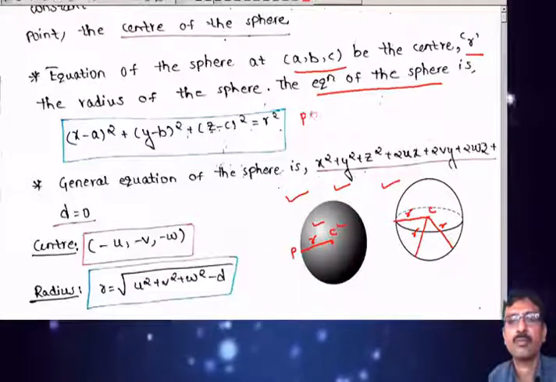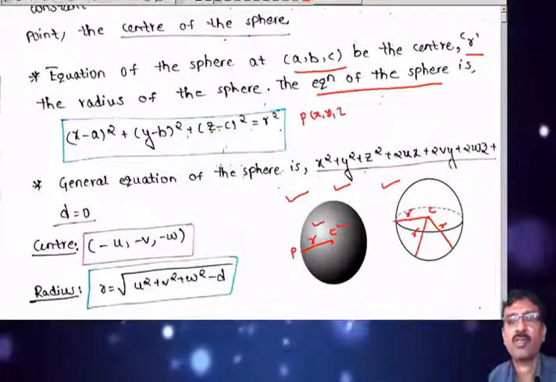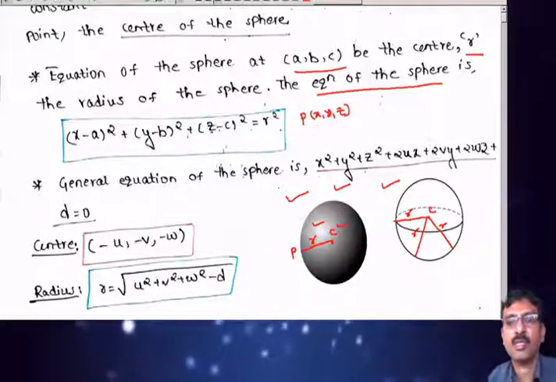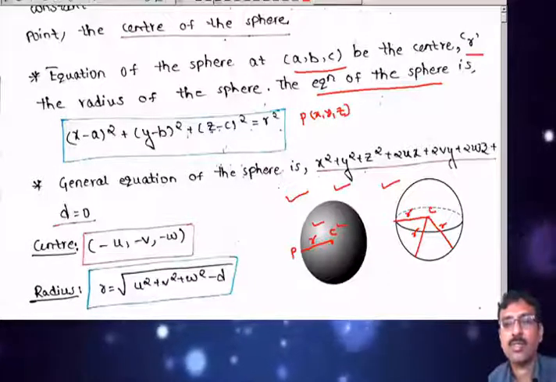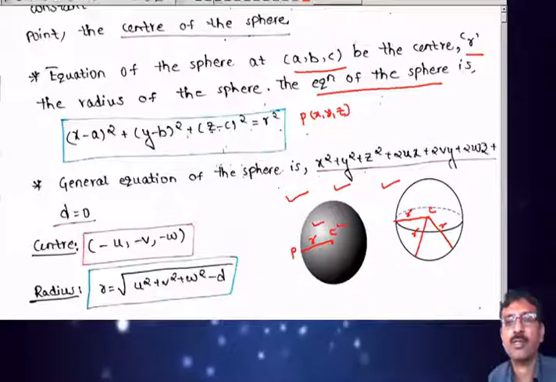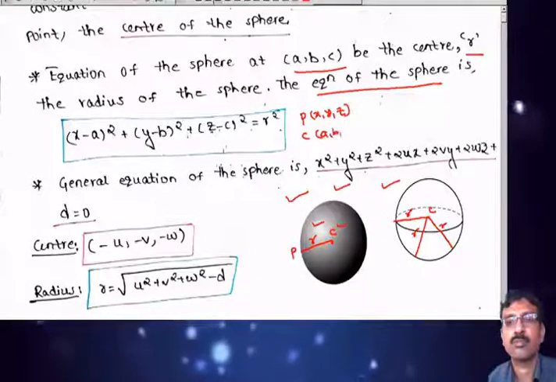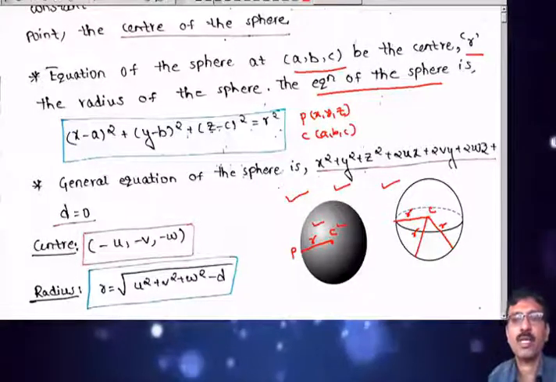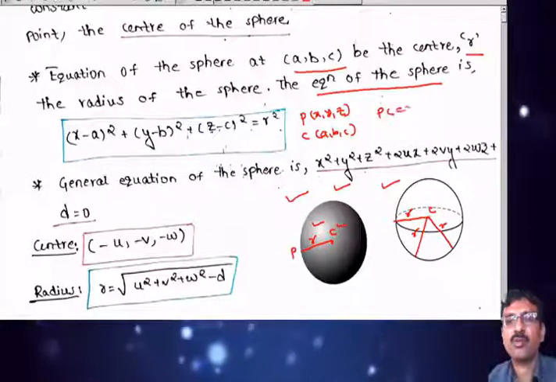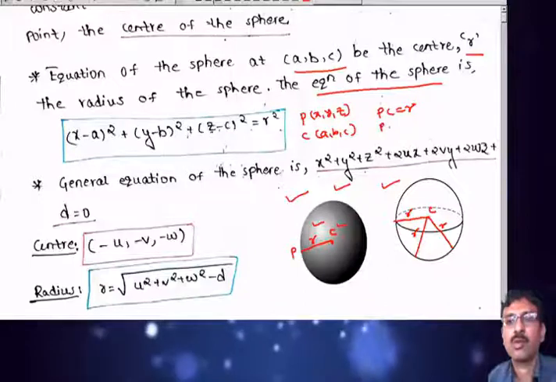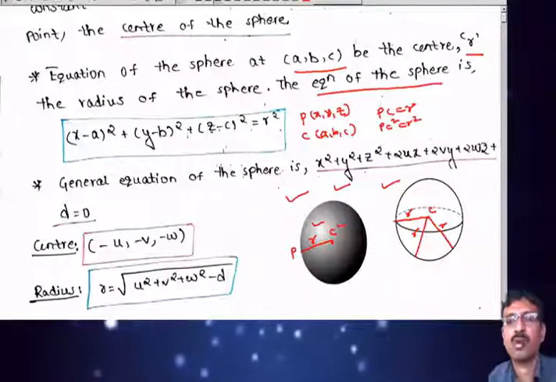Here P is a point (x, y, z) which lies on the sphere, and C is the center (a, b, c). You can easily understand the equation: the distance PC equal to R, so PC square equal to R square.